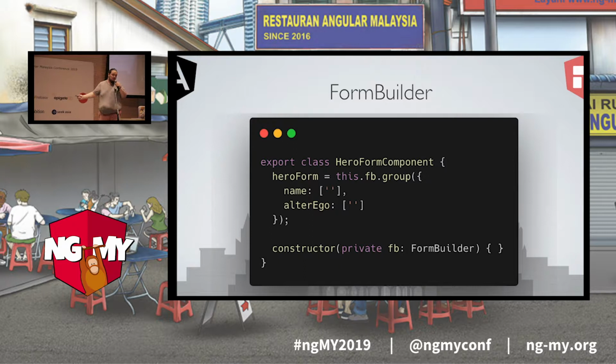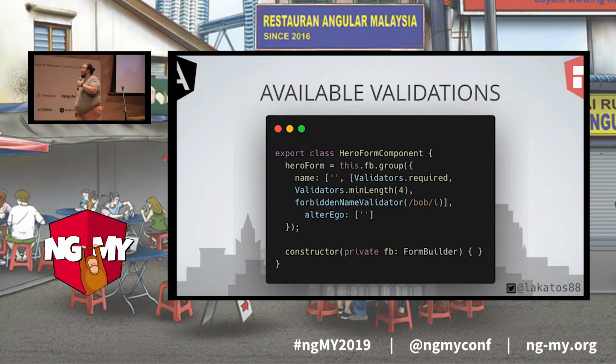Now, each form control has 2 parameters in there. For now, I'm only using one, which basically means initial state. And the second one is an optional argument which takes validators in. So for example, if I want to do validation for this one, I have to pass in a validator. It's either a validator function or an array of validator functions.